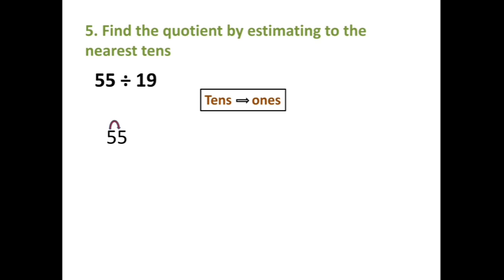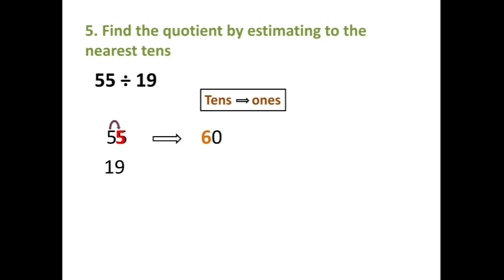5 is equal to 5. So the tens place will be added by 1. 5 plus 1 gives 6. Ones place will become 0. So 55 will become 60. The other number 19.